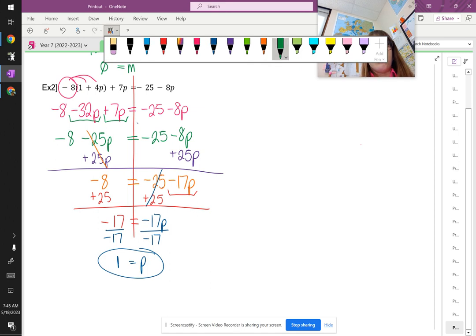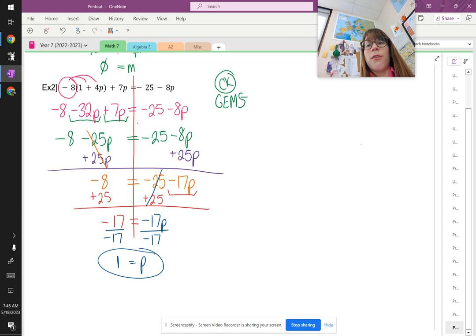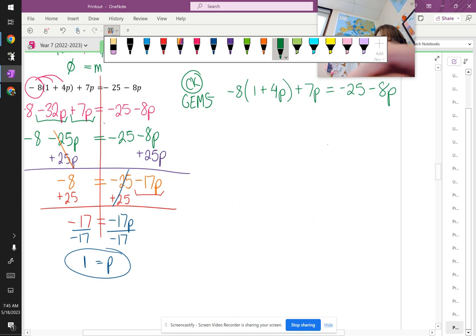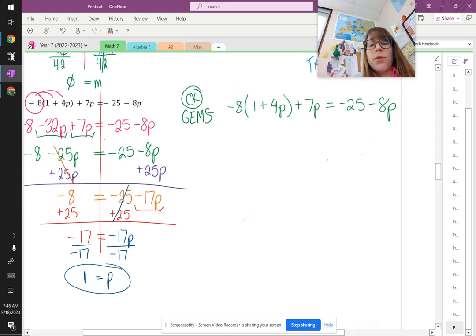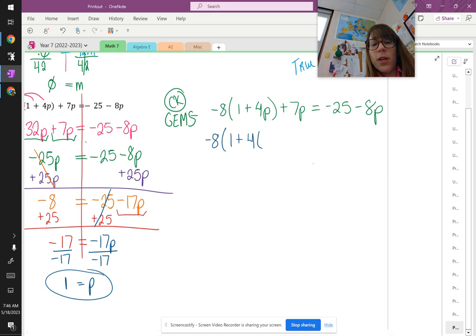Jumping right into our check, I'm just going to label this as check, remind myself that I'm following GEMS here and working from the inside out, and just rewriting the original. Negative 8 times the quantity 1 plus 4p, plus 7p, equals negative 25 minus 8p. Okay, now I'm erasing and replacing, and I'm actually going to take an extra step in this one and rewrite it because I was kind of sloppy that first time.